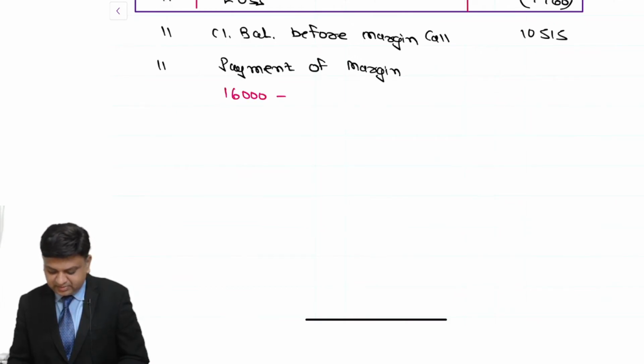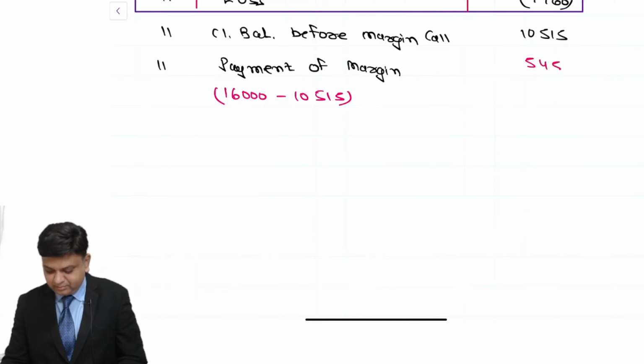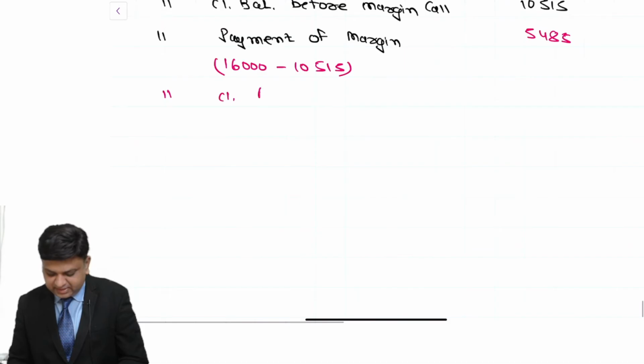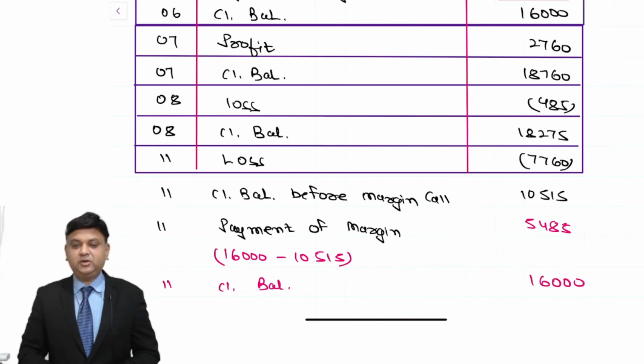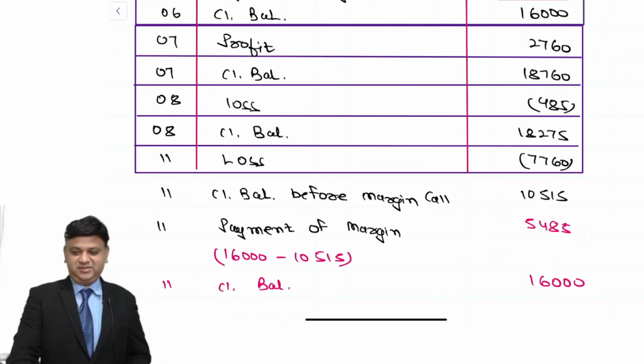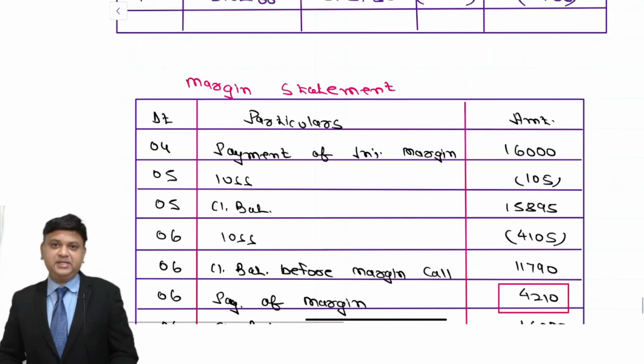So 16,000 minus 10,515, that is 5485. So on 11th, closing balance is 16,000. This is the way we are required to compute the closing balance.